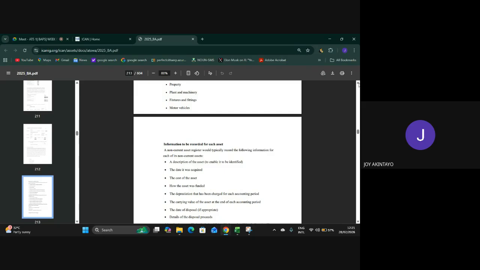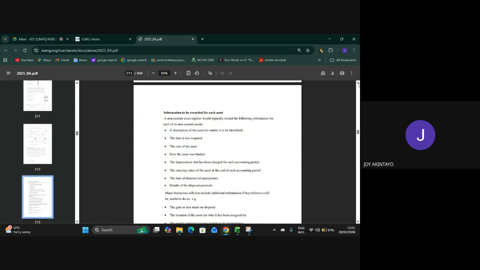The carrying amount of the asset at the end of each accounting period will also be needed. Then the date of disposal, that's the date at which we dispose of our asset. Then details of the disposal, how we dispose of it, will also be needed. Then the gain or loss on disposal also will be needed.